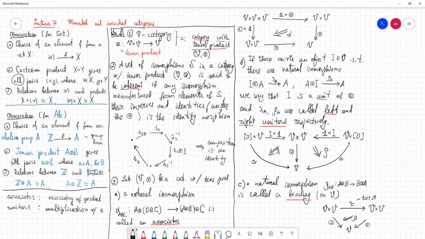And braiding is commutativity of our operation. The tensor product operation on a category is a way by which we can multiply objects between themselves.